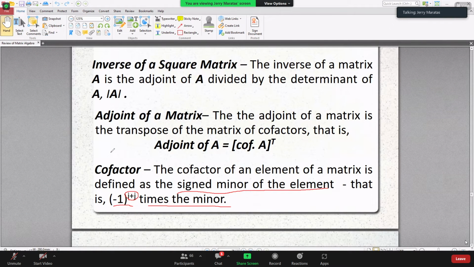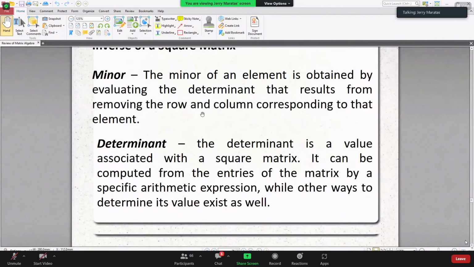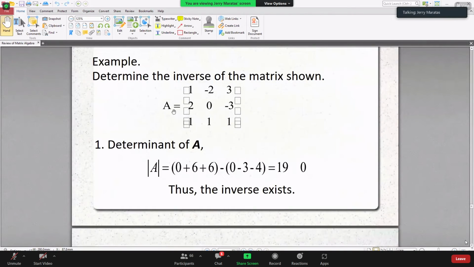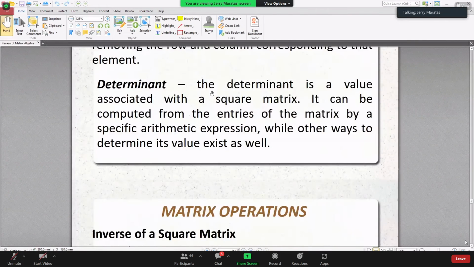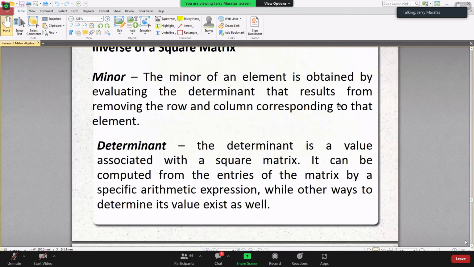Okay, maybe you are confused already. To lessen the confusion, let's go straight to an example. But first, a reminder: the minor of an element is obtained by evaluating the determinant that results from removing the row and column corresponding to that element.